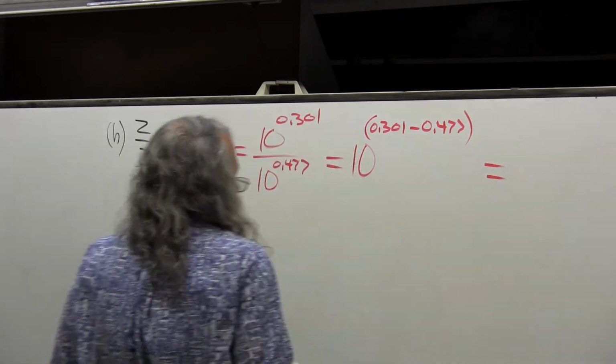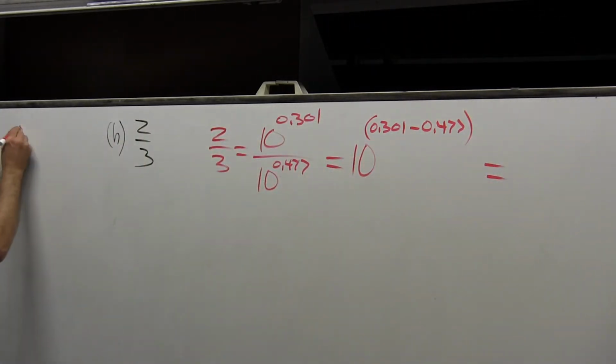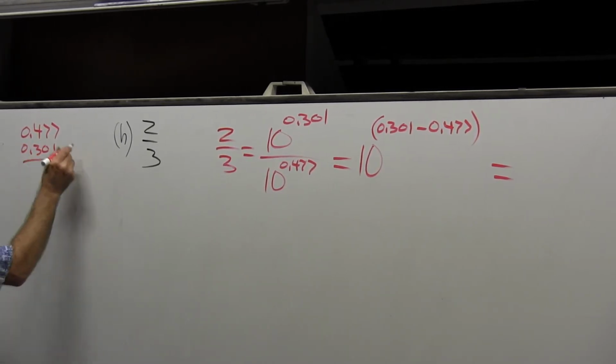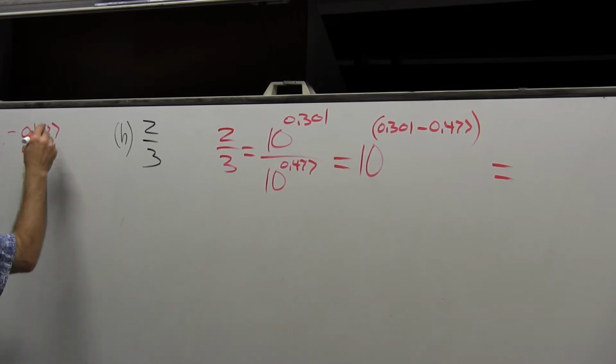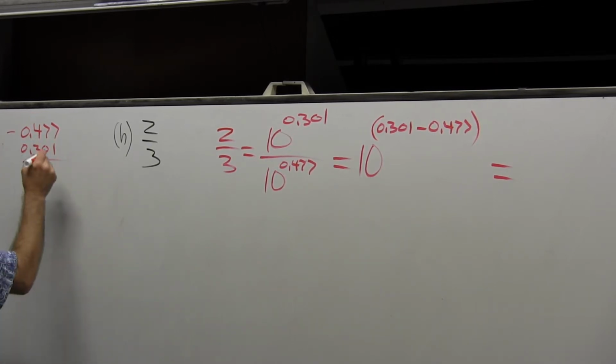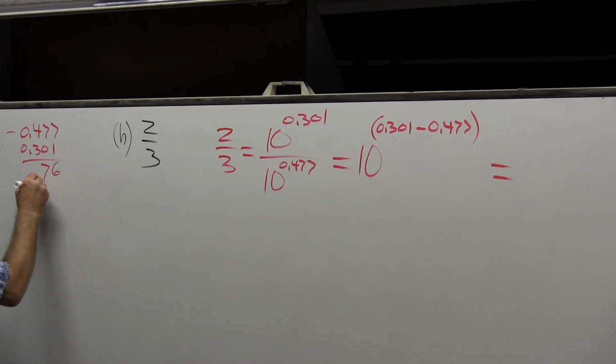which is equal to, now I got to get my scratch paper out and go 0.477, 0.301, and it turns out to be, that's minus 7, minus 1 is 6, 7, 1.